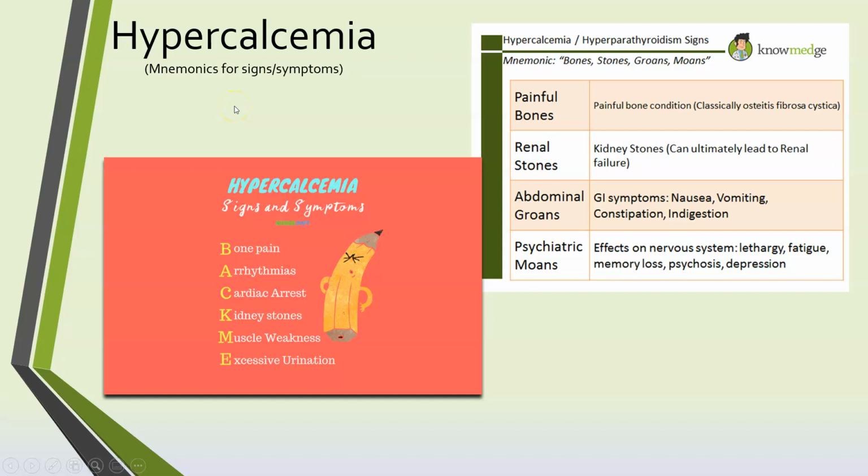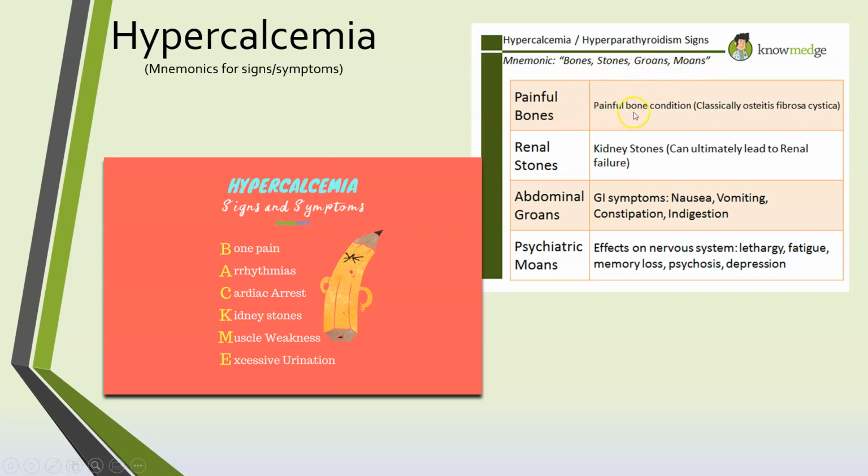Mnemonics for hypercalcemia will be BACK ME: bone pain, arrhythmia, cardiac arrest, kidney stones, muscle weakness, and excessive urination. Another mnemonic is bones, stones, groans, and moans.